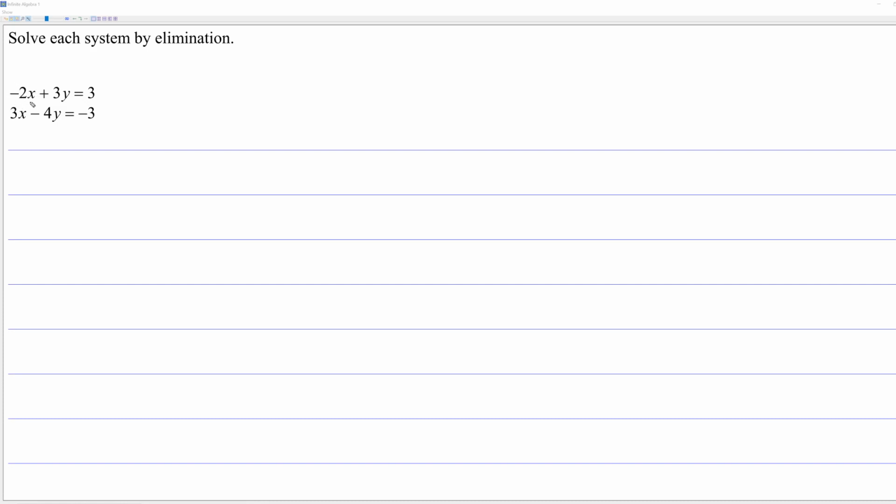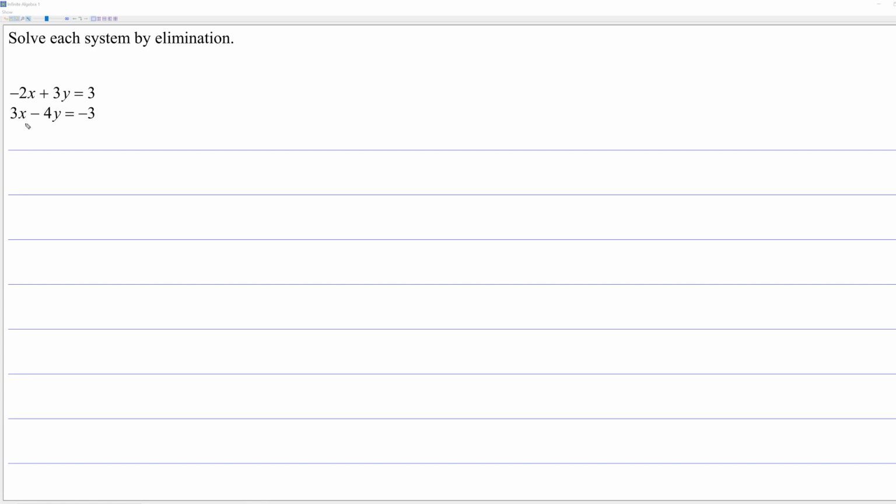I can't just multiply by a nice whole number and turn this -2x into a -3x. Now, if you were really brave, you can use fractions. That's allowed, but you do end up working pretty hard if you want to do it that way. In the same way, I can't just multiply 3 by at least a nice whole number to cancel out a 4.